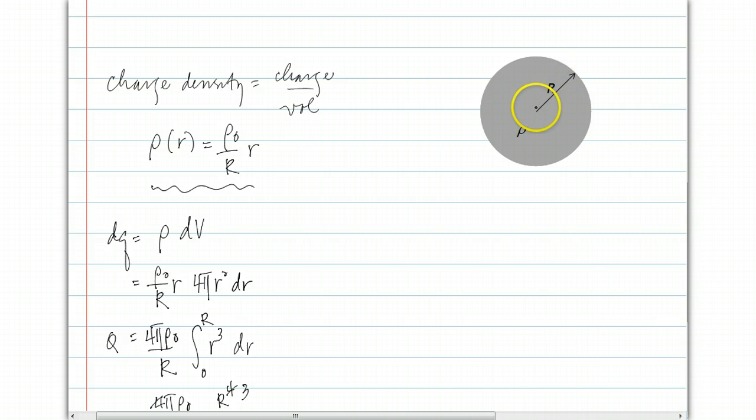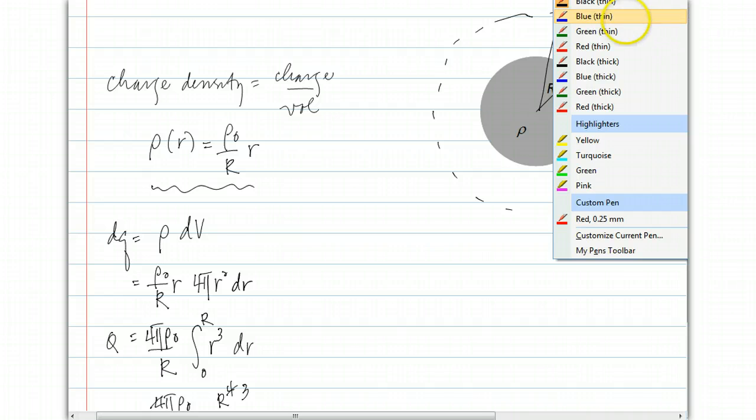Next, I want to find the electric field at an r which is greater than big R. So I'm going to use a spherical Gaussian surface of radius r. And again, the first thing that I always do is infinitesimalize the area and indicate the vector delta A for that infinitesimal of area.